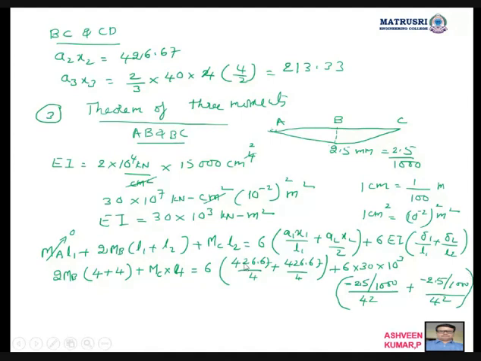Now if I do all the calculations here, I'll get an equation: 16 MB plus 4 MC is equal to 1055. Equation number 1 I will take.